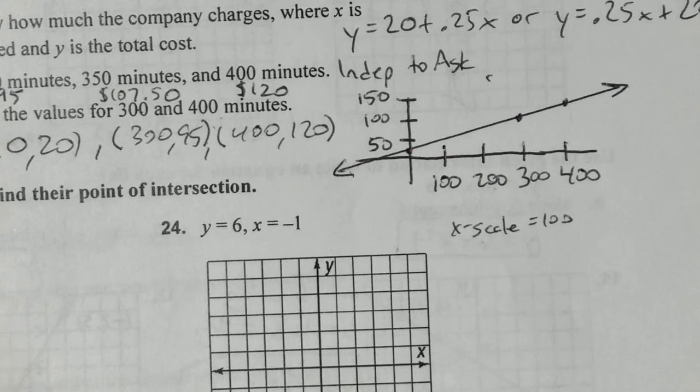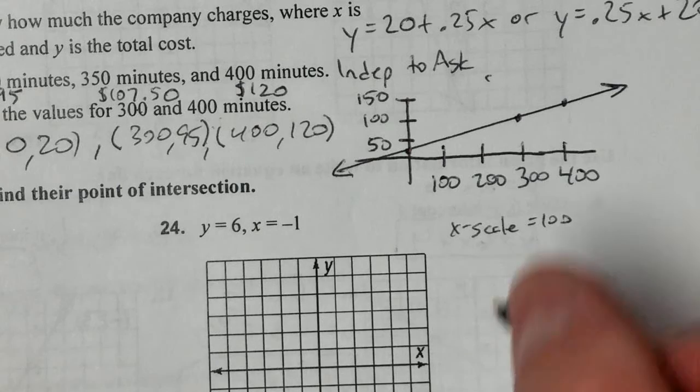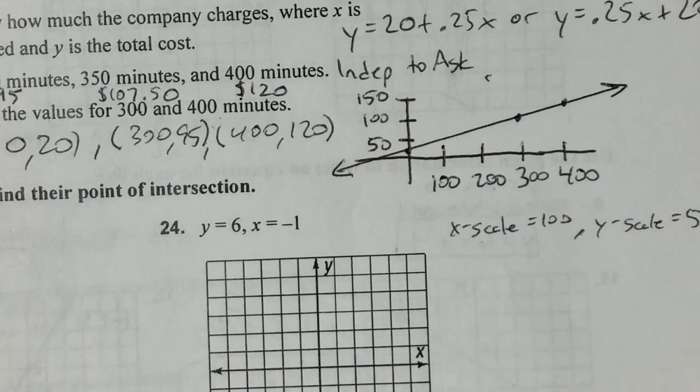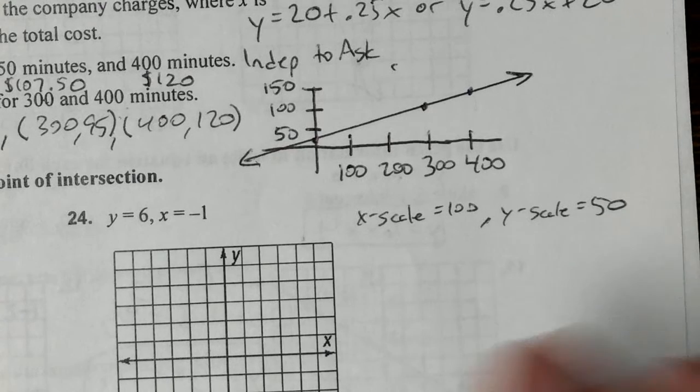And just make sure it doesn't go through the origin. Now, if you counted by ones, it would look a lot different. But we counted by hundreds for x, and we set our y scale to be 50. But it's fine.